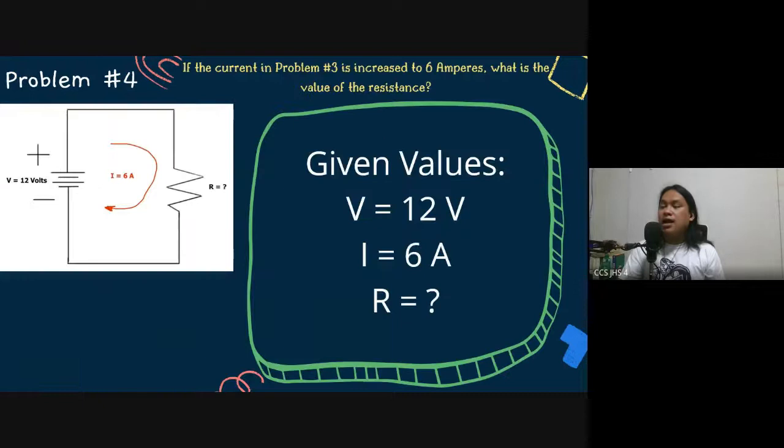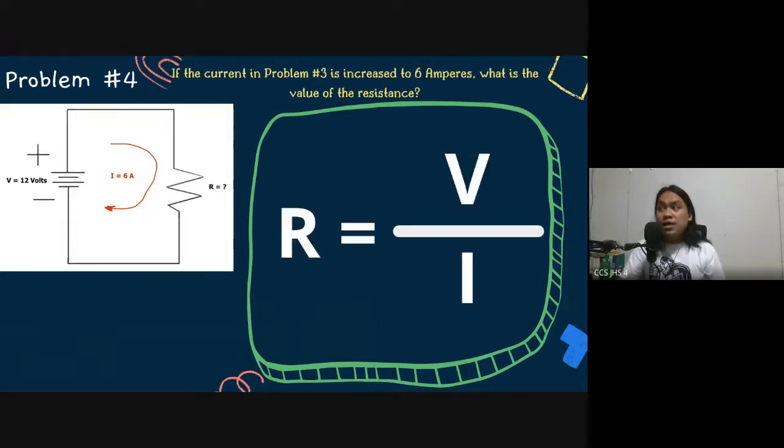So given: voltage is equal to 12 volts, current is equal to 6 amperes, then resistance is the question mark. The same formula will be used. R is equal to V over I. What's the answer? This will become 12 volts divided by 6 amperes.